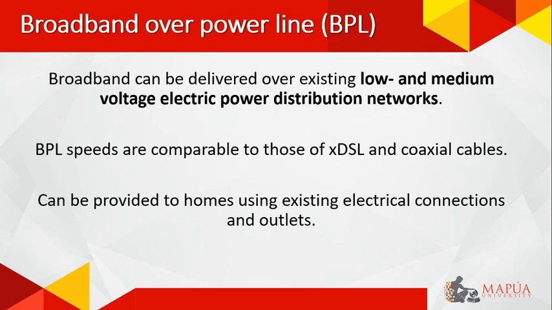The next type of wireless broadband technology is broadband over power line, or BPL. In BPL, broadband can be delivered over existing low and medium voltage electric power distribution networks.